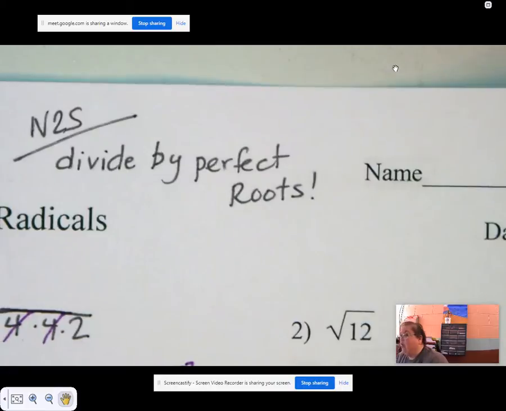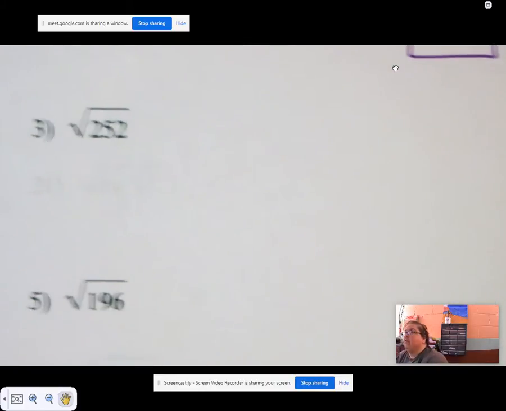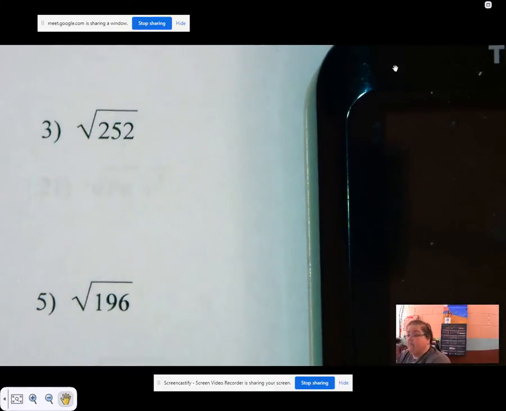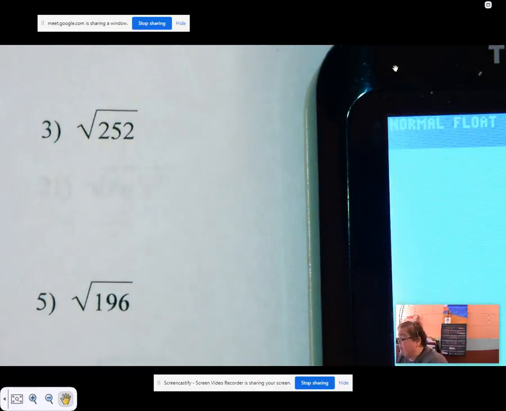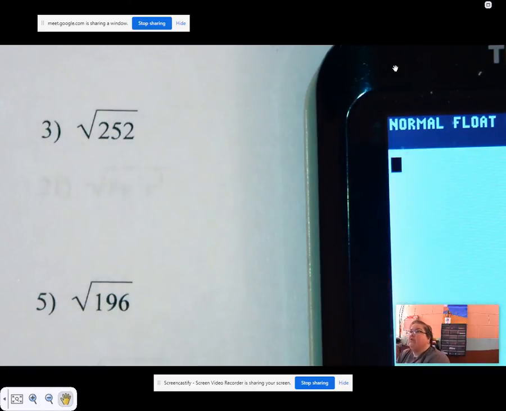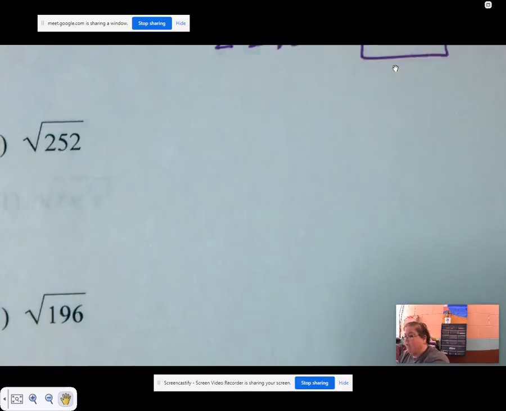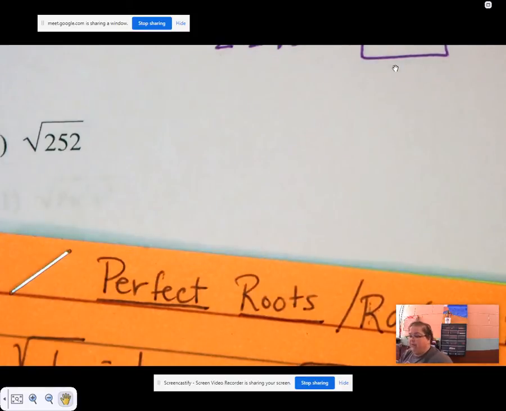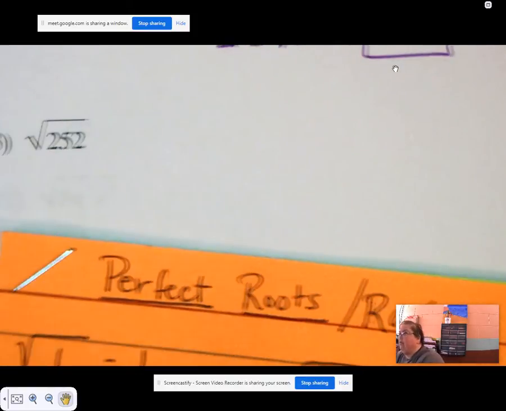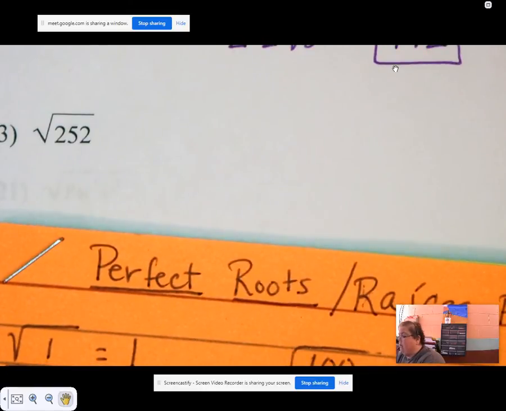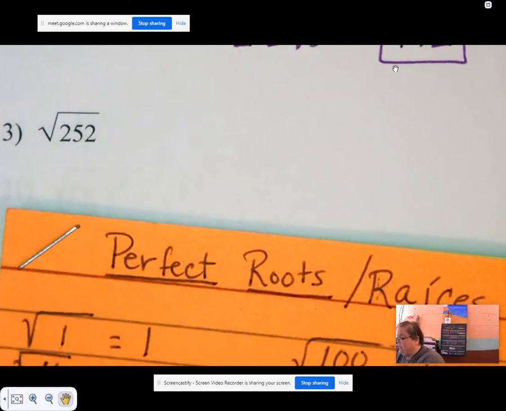For instance, look at number 3. Number 3, you want to break that down that much? No. So here's what we do. We have our cards, and that's why I had you staple perfect roots on top, because that's really what we're going to work with. So I've got 252.